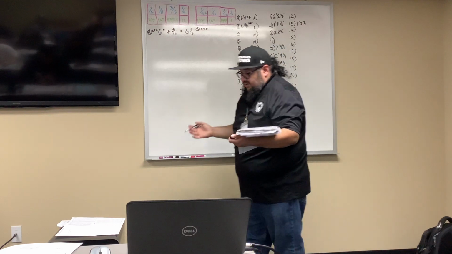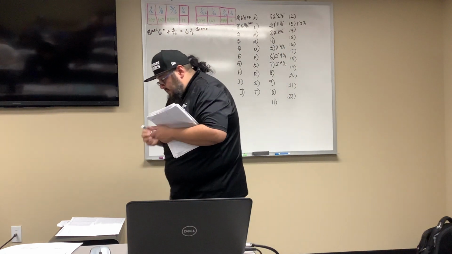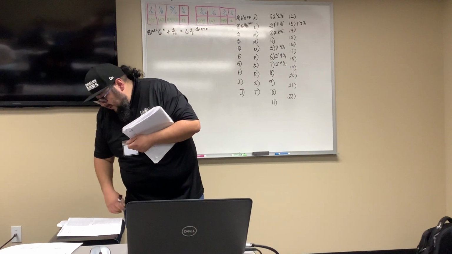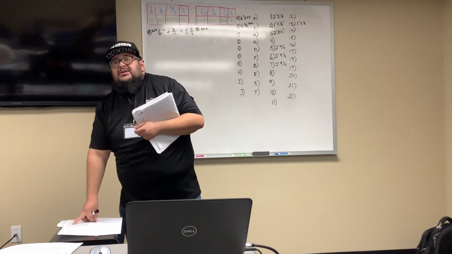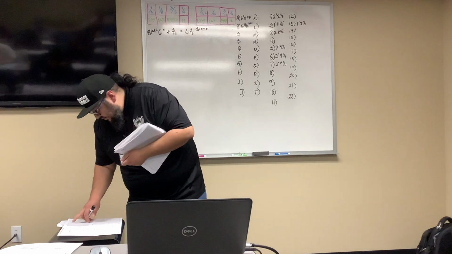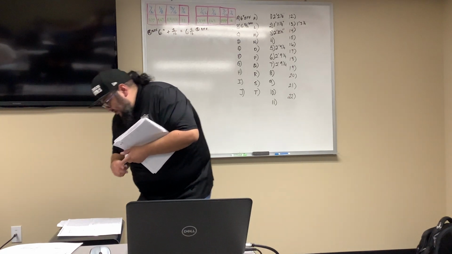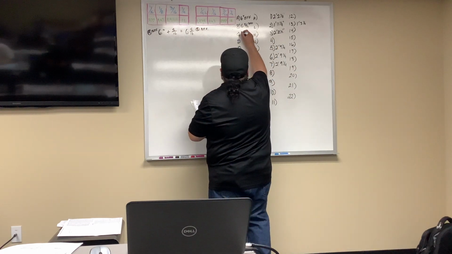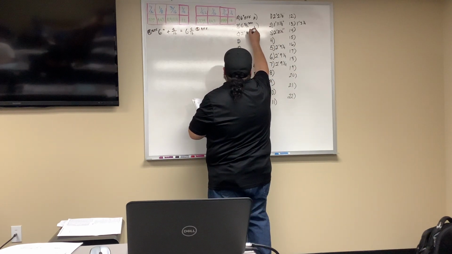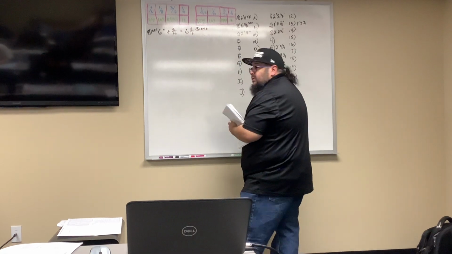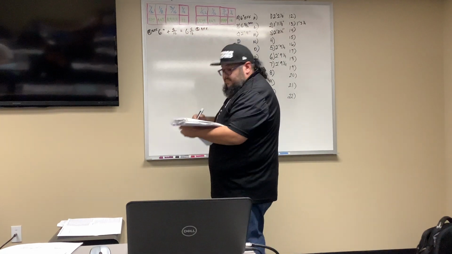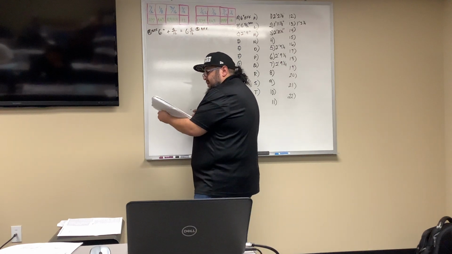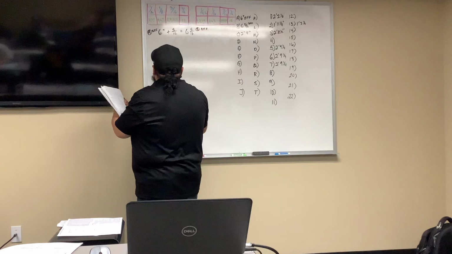Now, if you look at your elevations, it gives us elevation C. Right there it says that the elevation of C is 2'4". That is a given, so we don't have to calculate that. What we're going to do is calculate for number 12.